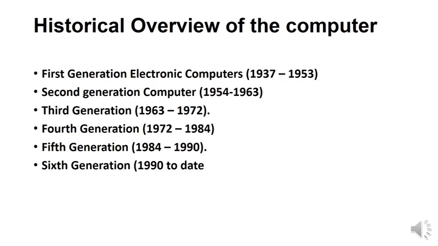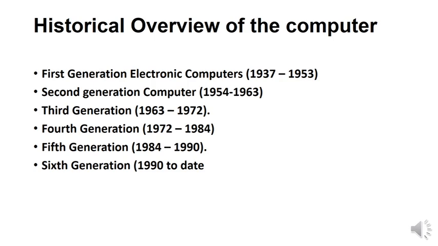Then in the first generation, as I said, John von Neumann and Eckert were consultants to the ENIAC project, and they began work on a new machine before ENIAC was finished. Do you get it? The main contribution of EDVAC, their new project, was the notion of a stored program.